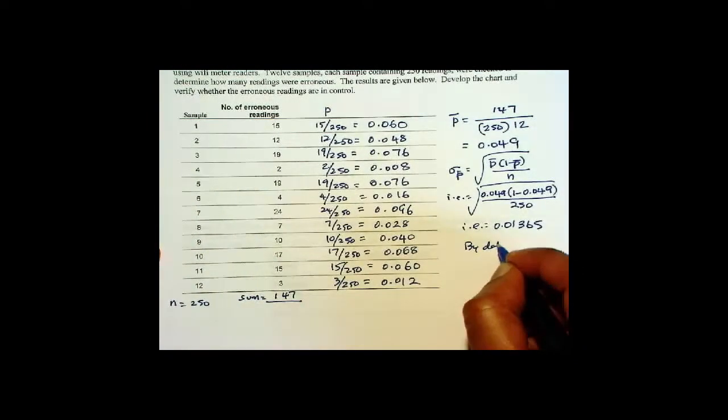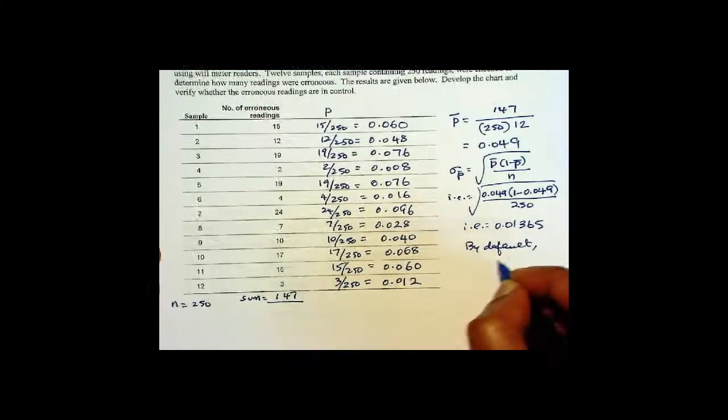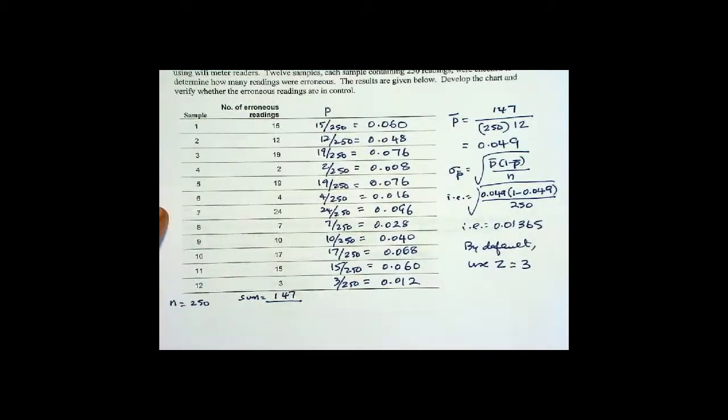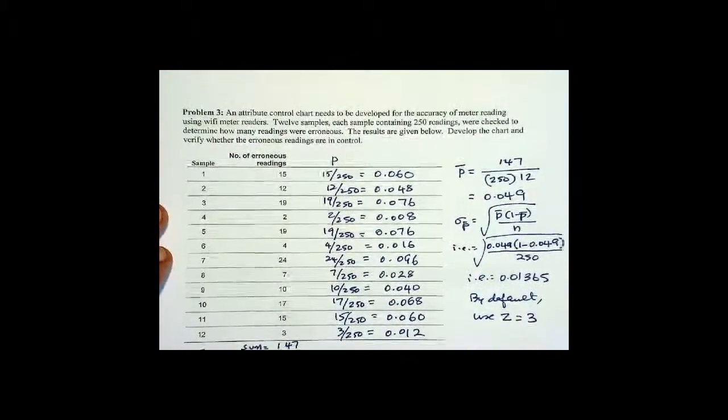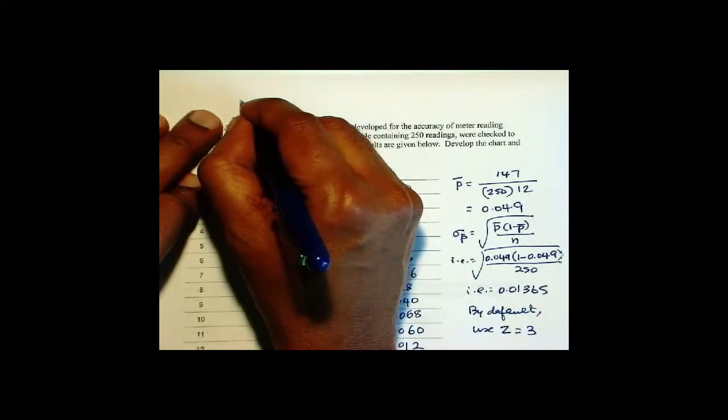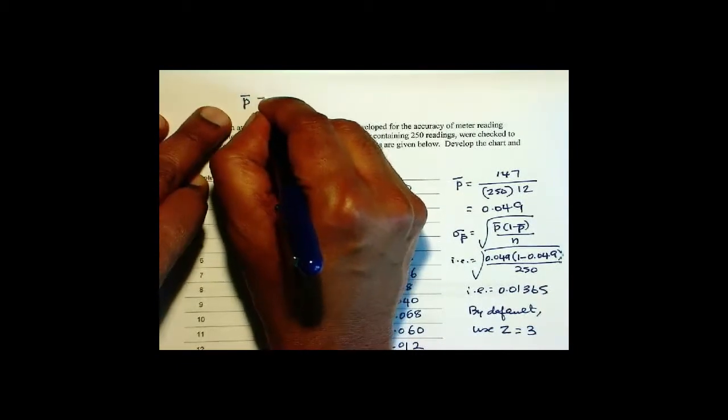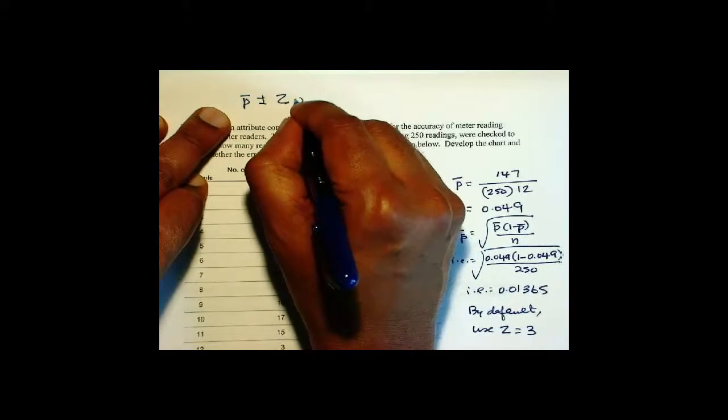Now by default, use z equal to 3. If it is not stated, then you assume 99.73% and use 3. So remember, the formula is P bar plus or minus z times sigma sub P bar.